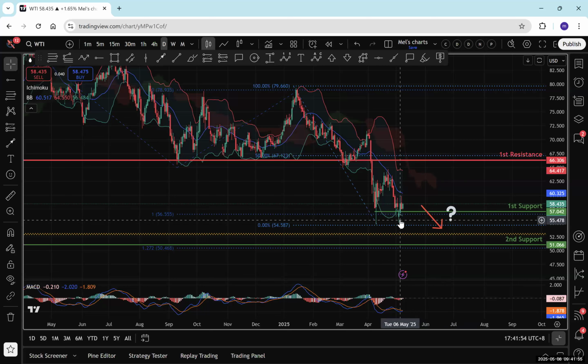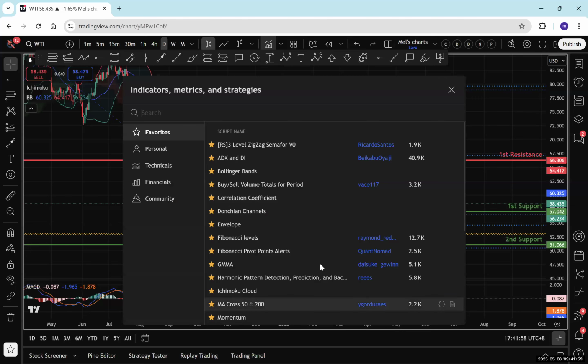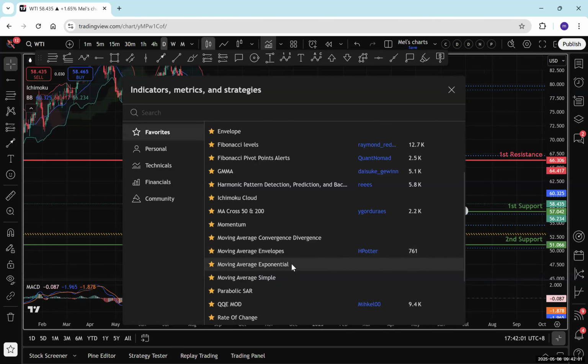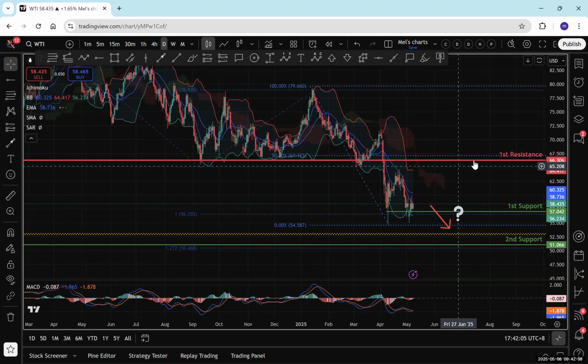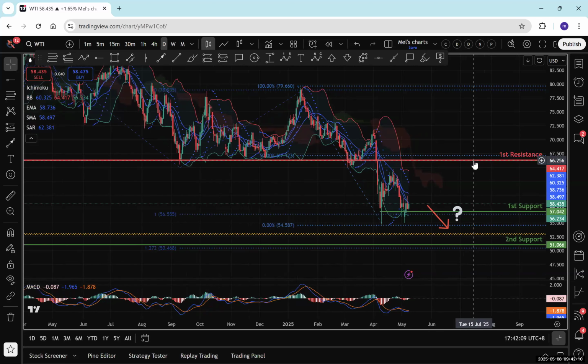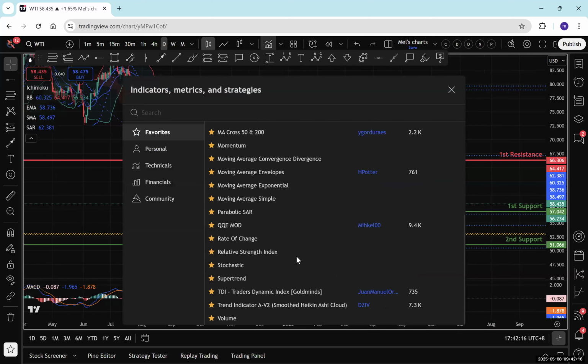Okay, you can see they're pushing below that lower band as well, this green line. So that's also giving us a bearish signal. Let's look at EMA, SMA, SAR. Okay, you can see prices moving below all three of those indicators as well. So that also supports our analysis.